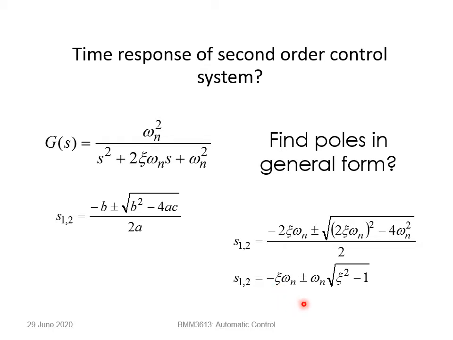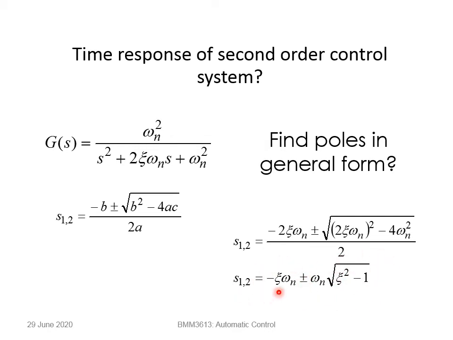If we look at different values of zeta, we will see that the type of time response will change. Why? Because here we have two terms: the first term on the left hand side, and after the plus or minus, the second term with a square root.